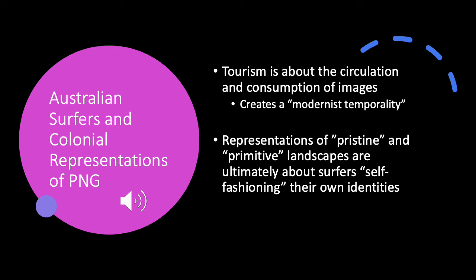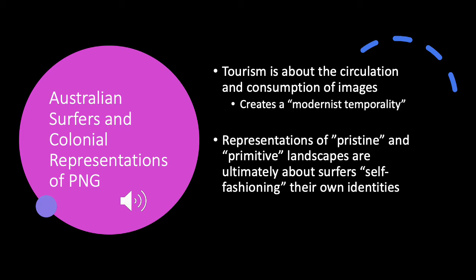And one of the ways in which that can be done, as Paige West points out, is by framing landscapes like Papua New Guinea as natural, as environmentally pristine, or as culturally exotic, the home of exotic others.